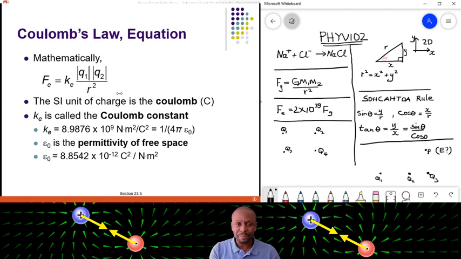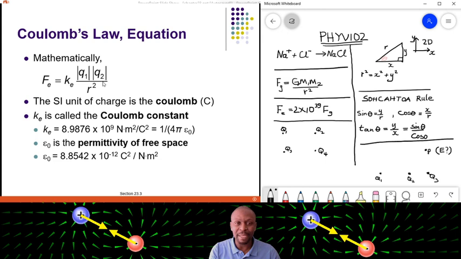And what I also want to say about Coulomb's law, or the electric force, is that you really need two charges. You cannot have an electric force when you have only one charge. You cannot have gravitational force if you have only one mass. Therefore, for gravitational force, you must have two masses.